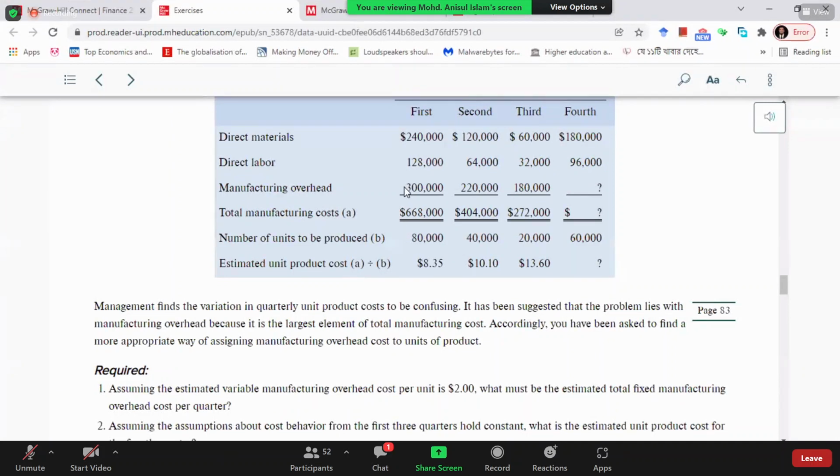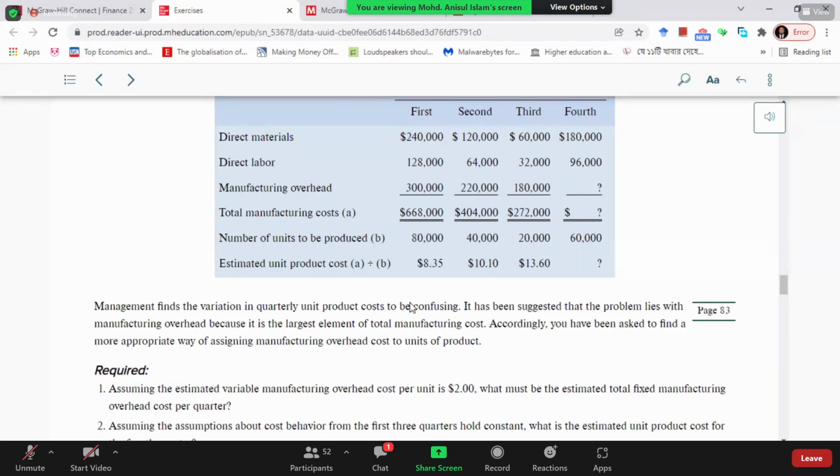So if you write here 384,000, replacing this one, and you do the same for the second quarter, third quarter, fourth quarter, you will see that all unit product costs have become uniform. There have been no changes.